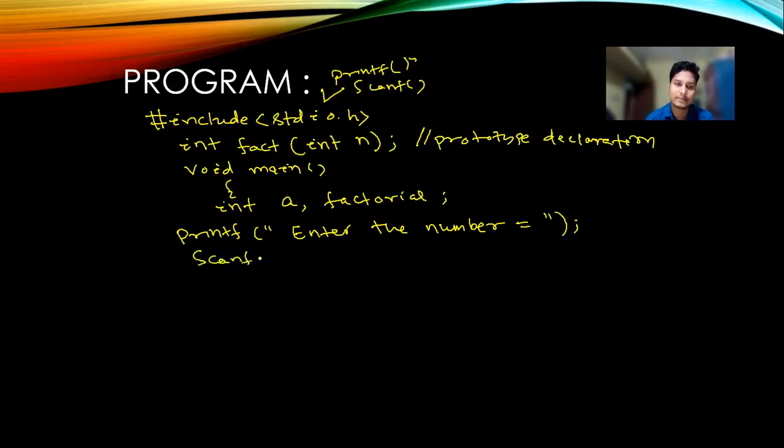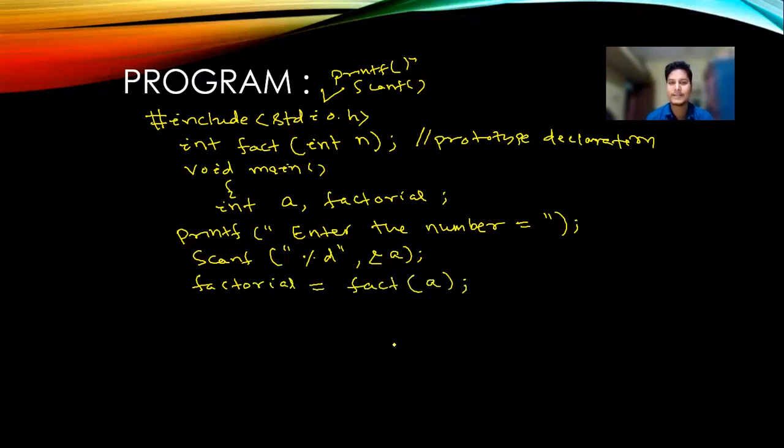Scanf %d double quotes and ampersand a semicolon. Now in the next statement I am writing factorial is equal to fact of a bracket and semicolon.